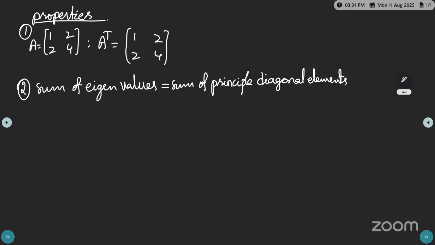Yes or no? We just did it. What are the eigenvalues of the matrix 1 2, 2 4?